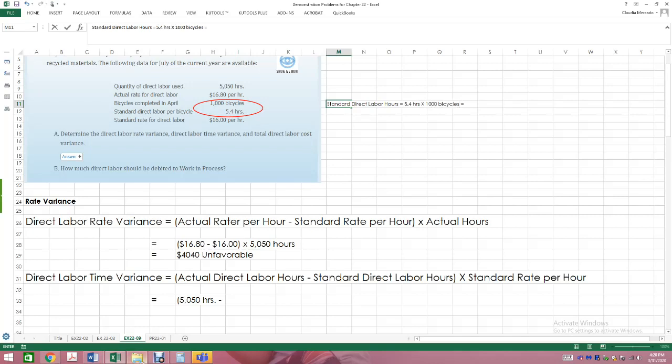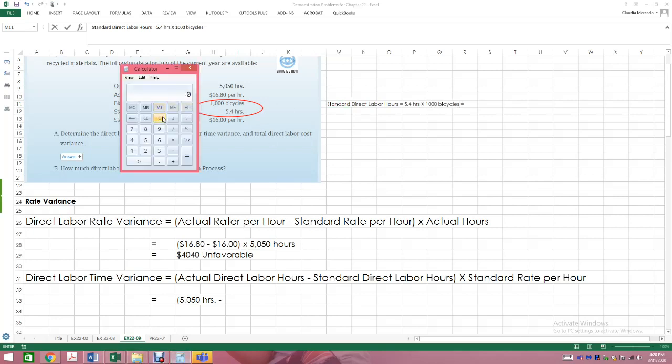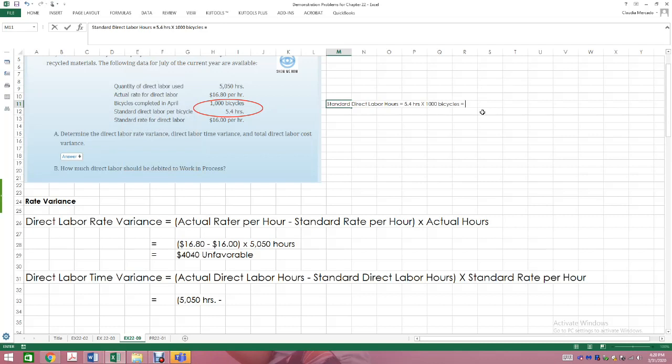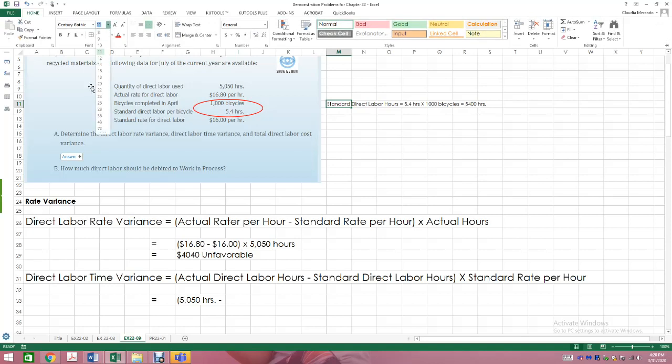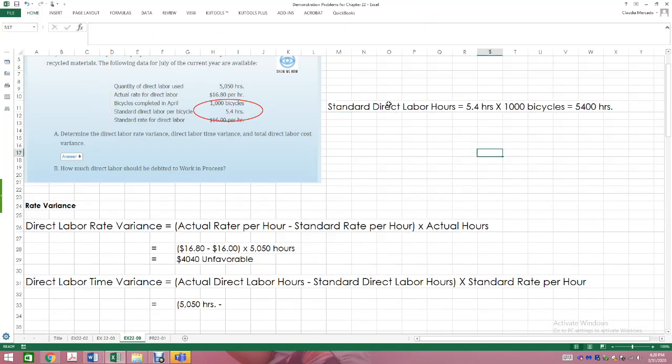And then what does that give us? Let me get a calculator. 5.4 times 1,000, that's 5,400 hours. This is how we calculate our standard direct labor hours.